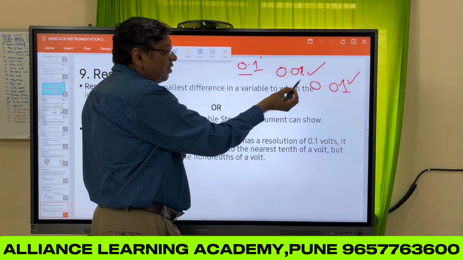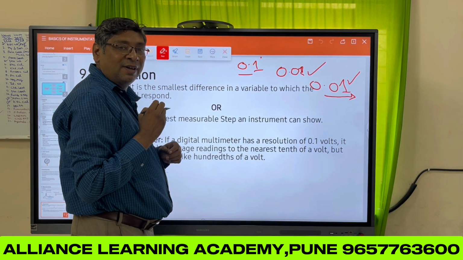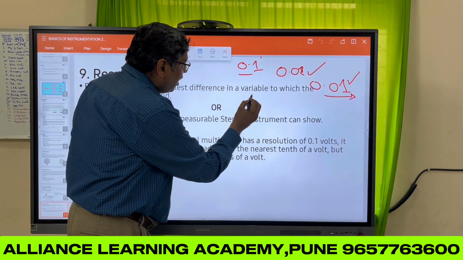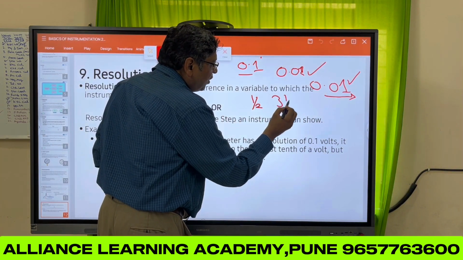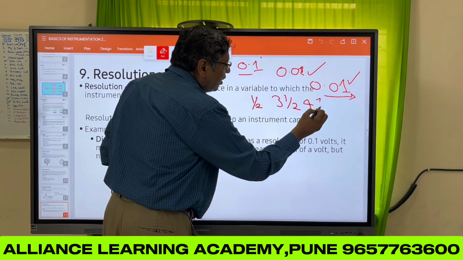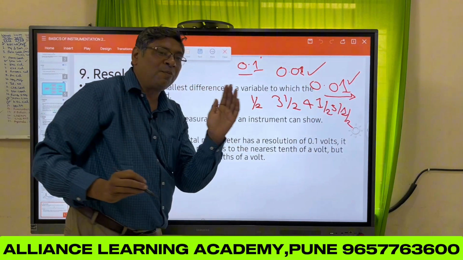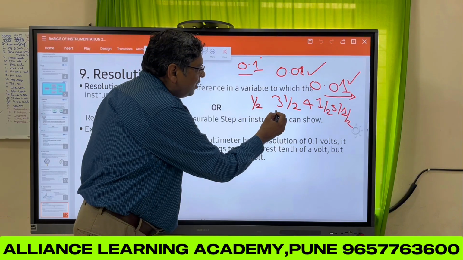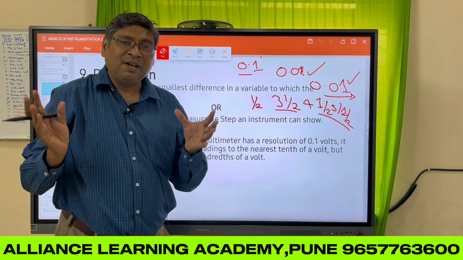It can measure the value two points further in decimals. You also understood the concept of this half with the multimeter. What is the meaning of 3.5, 4.5, and 5.5? The half is the first digit of the multimeter, which only goes 0 or 1, and the others tell the resolution of your instrument. So I am just wrapping it up.